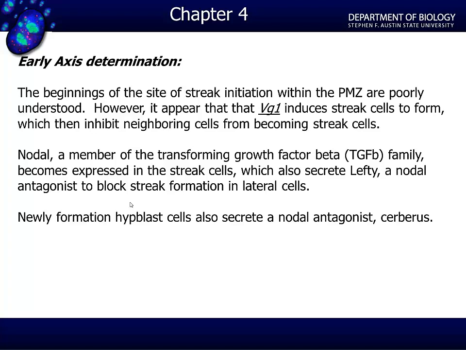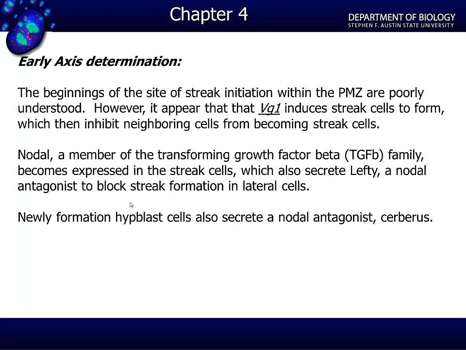It's called VG1. And it's going to induce the cells of the primitive streak to form, and it's going to inhibit the lateral cells from becoming primitive streak. So VG1 is a very early inductive molecular event that happens to form the primitive streak in the posterior marginal zone. Now, again, we can go earlier and earlier. Well, what causes the VG1 and what causes this and that and other? Well, we haven't quite got there yet, but we're beginning to put these pieces together in these pathways.